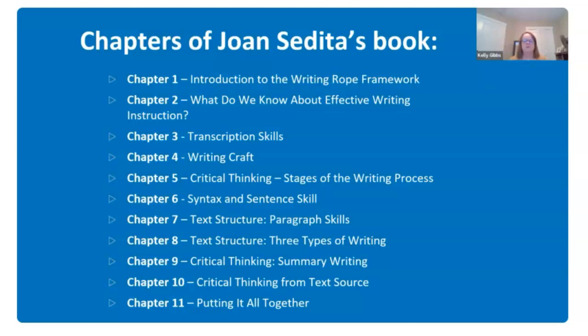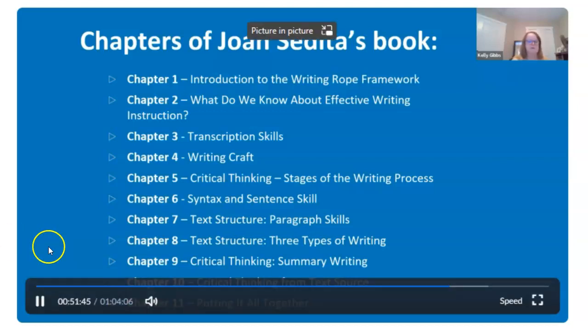And especially in those very linear pieces on syntax, text structure, writing, and they refer to three types of writing, and critical thinking in summary and text source. And I wanted to just highlight from chapter 8.